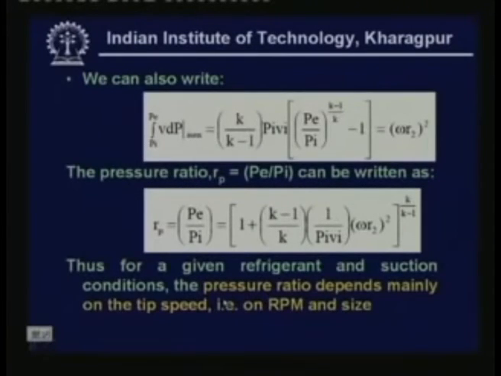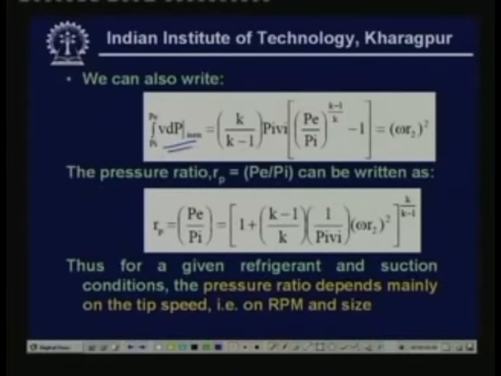If you perform the integration, you get this expression, because for an isentropic process, PV to the power of k is constant, where k is the isentropic index of compression. If you substitute that here, you get this expression, and this whole thing is equal to omega into R2 square.